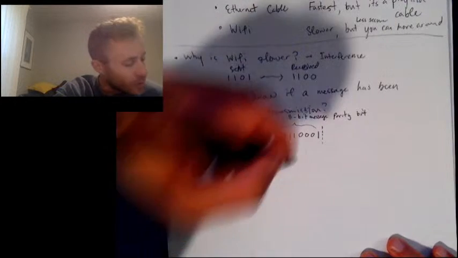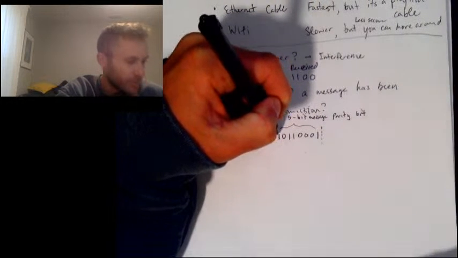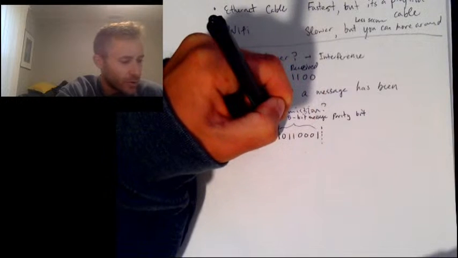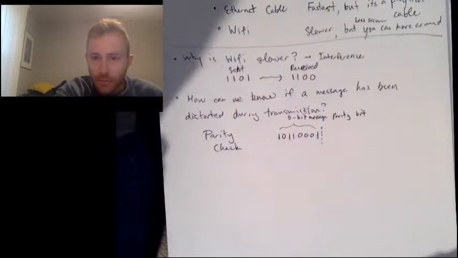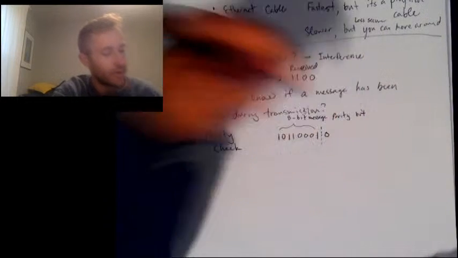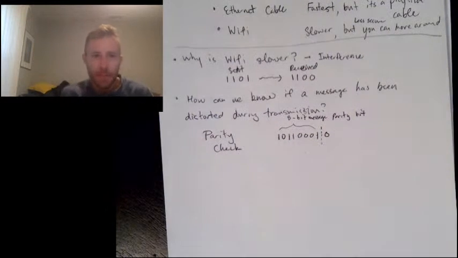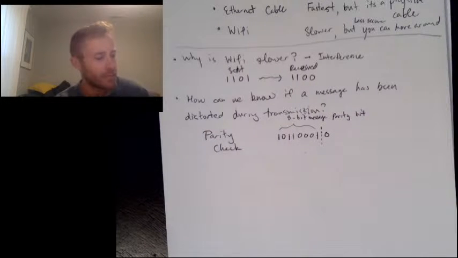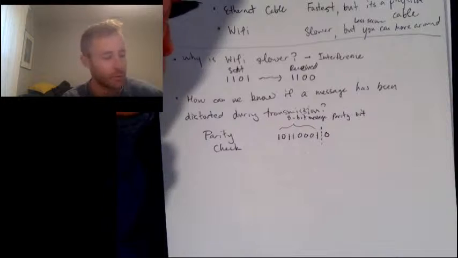Okay? So if we look at this, I can see that in this message there are 4 bits that are 1. That's an even number of bits that are 1. So my parity bit is going to be 0. So you send the message like that, with this parity bit included.